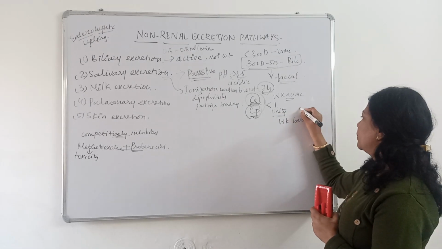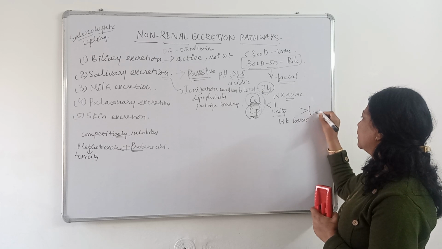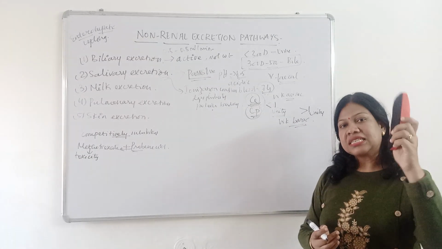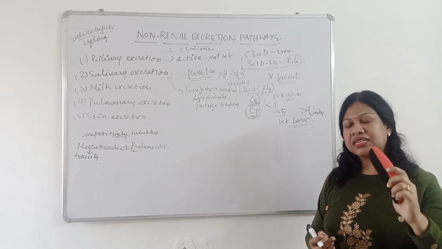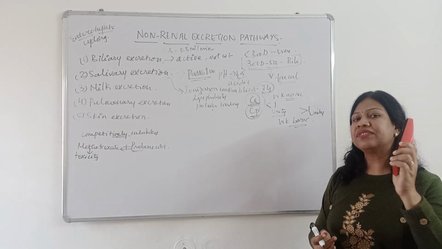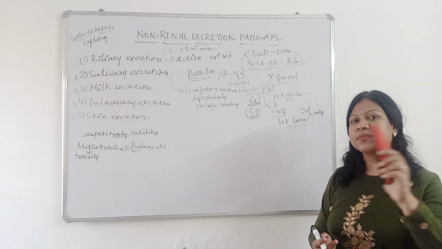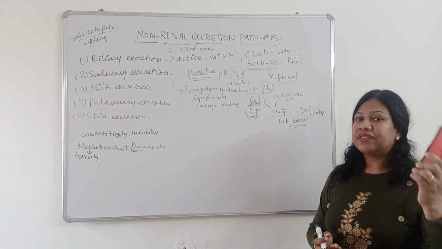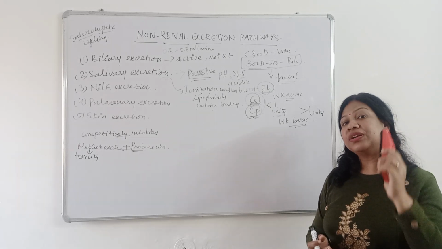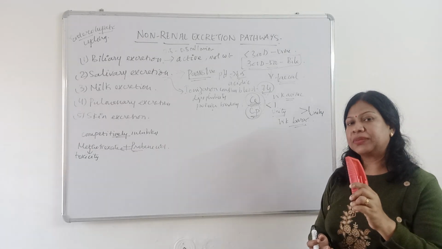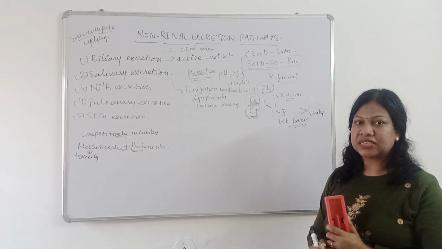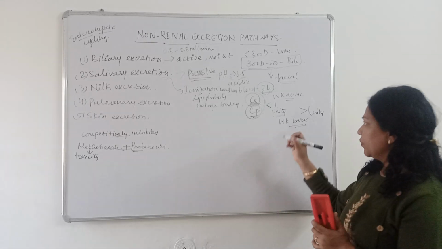So this ratio will be greater than unity, that is 1, for a weakly basic drug. For a weakly acidic drug, the saliva to plasma drug concentration will be less than 1. That means salivary drug concentration will be less and plasma drug concentration will be more. Whereas for a weakly basic drug, the saliva to plasma drug concentration will be greater than unity, meaning salivary drug concentration will be more and plasma drug concentration will be less.